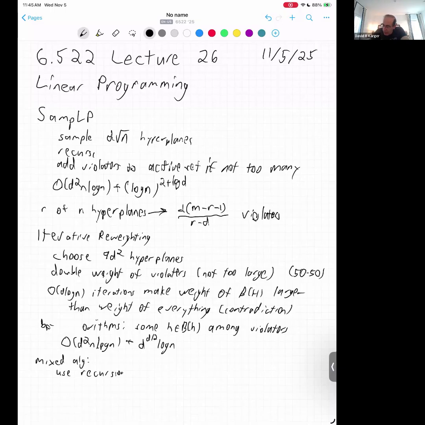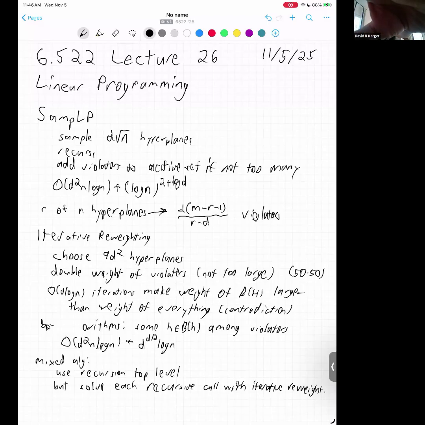We sample about square root of n hyperplanes at the top level, but we solve each recursive call with the iterative reweighting algorithm. Why is this a good idea? Why is the iterative reweighting algorithm a bad choice at the top level, but a good choice at the next level?